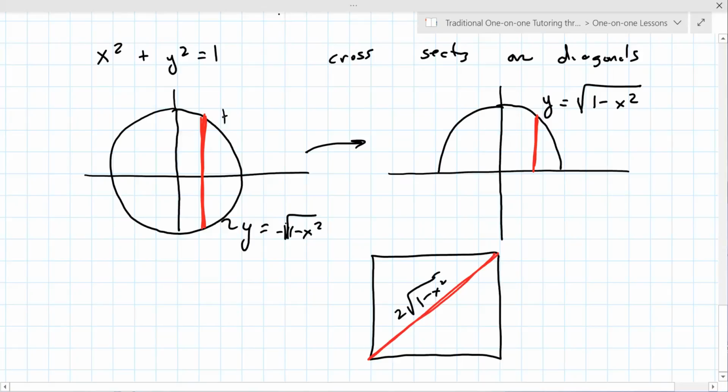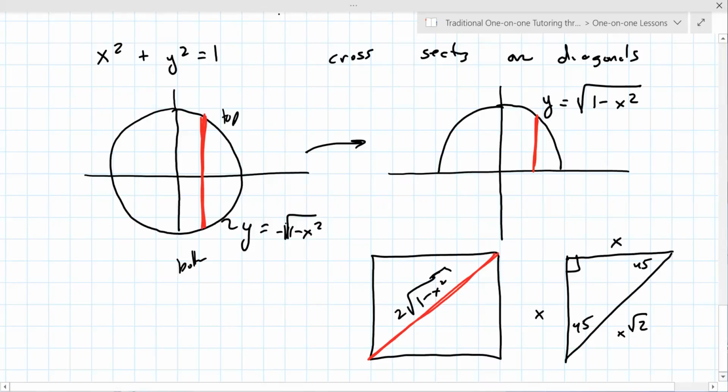If you did top minus bottom, you would get square root of something minus the square root of the same thing, and that's why there's 2 of them. A square, we actually just did this. The square is a 45, 45, 90 triangle. And if you recall, the reference is x root 2.